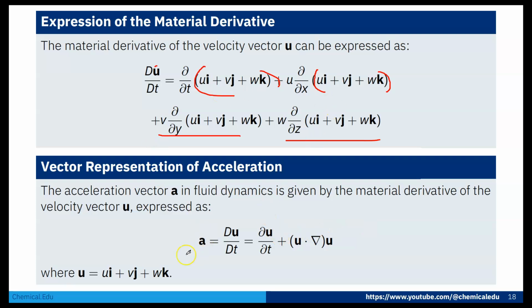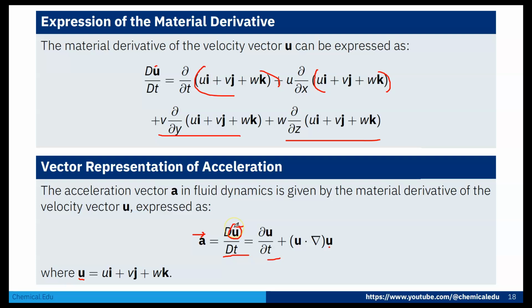Ultimately, we can represent the acceleration in vectorial form. This is the acceleration, capital D of the velocity vector by capital Dt, which is nothing but the partial derivative of the velocity vector with respect to t, plus u dot nabla acting on u, where u is ui plus vj plus wk.